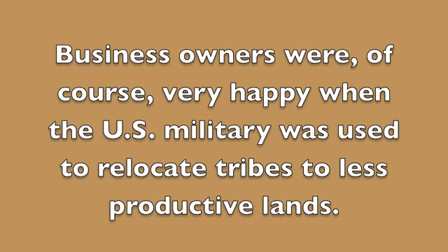Related to land issues, another problem that businessmen faced was that a lot of resource-productive lands in the United States were controlled by Native American tribes. So these businessmen, these capitalists, were very happy when the US military was sent to relocate these tribes to less productive lands so that they could take the lands to build their railroads or their factories or their cities.